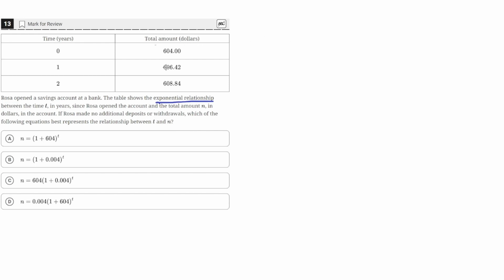So the question tells us that there's an exponential relationship between the time and the total amount of dollars. So our equation will look something like this, a normal exponential equation. So we can use the values in the table to eliminate incorrect answers and see which one is correct. So at time t equals 0, the total amount of dollars, n, should be 604.